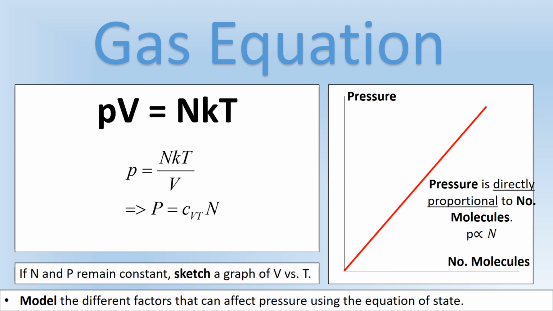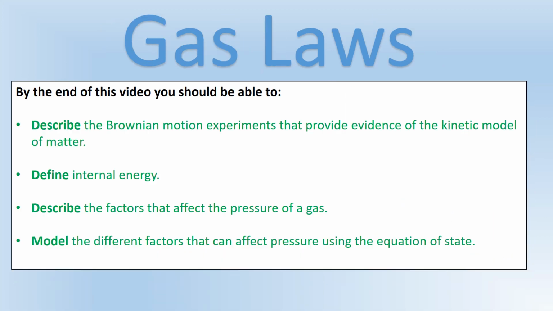I've replaced kT over V with a constant, and again given it a different subscript because different things have stayed constant. So we can see we've got another directly proportional relationship between pressure and the number of molecules. So we can see our equation predicts exactly the same thing as we described earlier in terms of the factors that affect the pressure. So that's where I'm going to finish off this video.